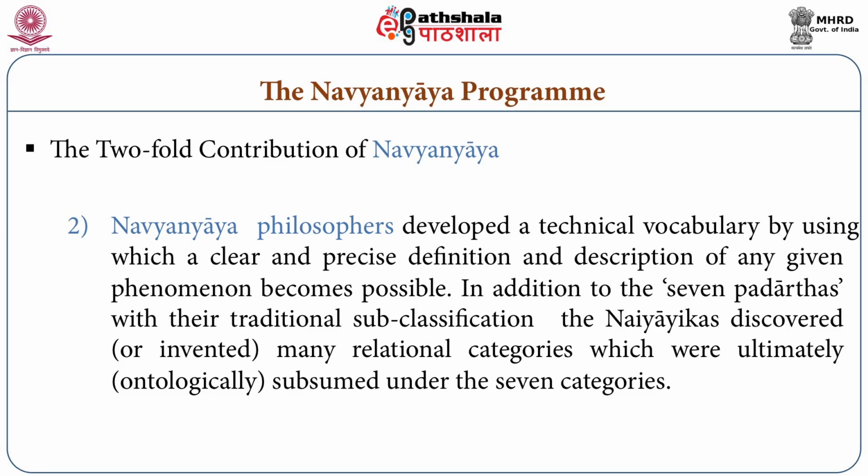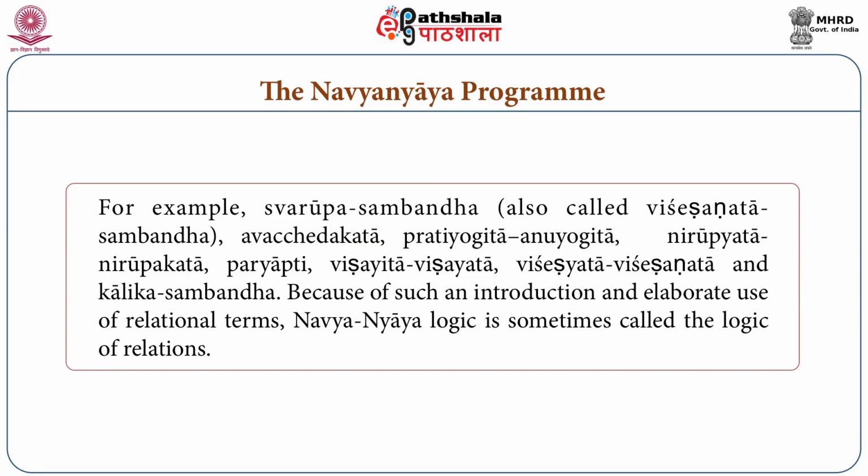In addition to the 7 padarthas, with their traditional subclassification, the Nayayikas discovered or invented many relational categories which were ultimately subsumed under the 7 categories. For example, Navya Nayayikas introduced a relation called Swarupa Sambandha, or it can also be described as Visheshanata Sambandha.